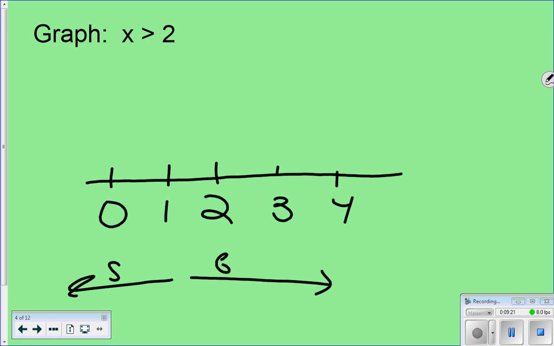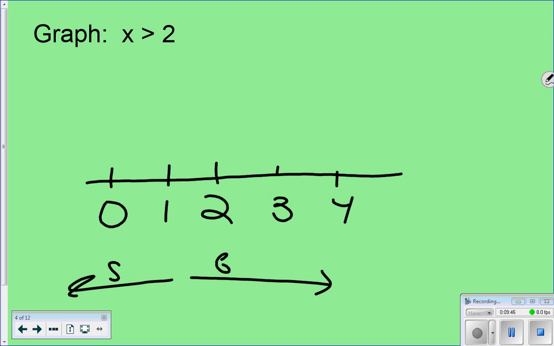Okay? Now Hannah says this is a confusing part. So what does this say? X is greater than 2. Okay, so if I want to put a number in for X, what can make that true? 4. Is 4 greater than 2? What else can make that true? 3. Is 3 greater than 2? Okay, anything that's higher than 2, but does it include 2?